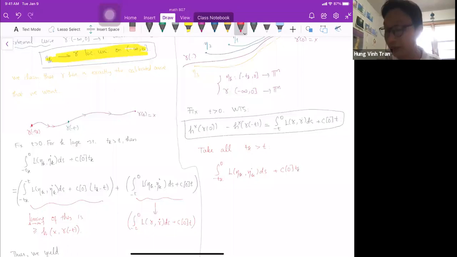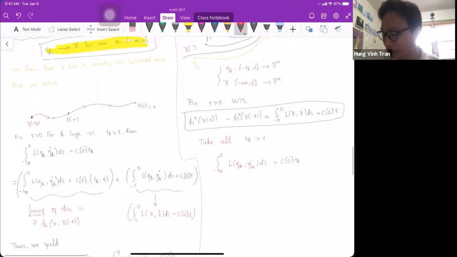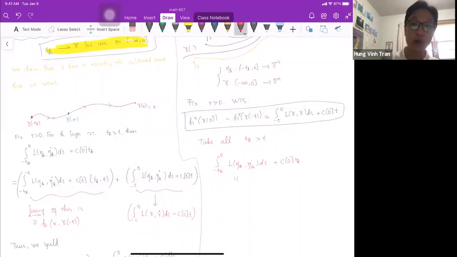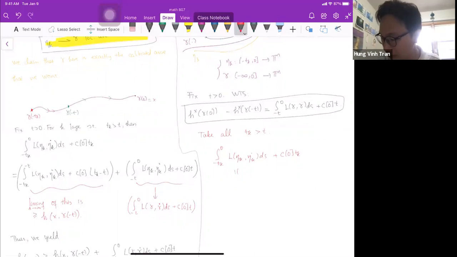Since you start with a bigger time, you can split it into two parts. The first part goes from minus tk to minus t, and the other part is from minus t to 0. And then we see how it goes from here.